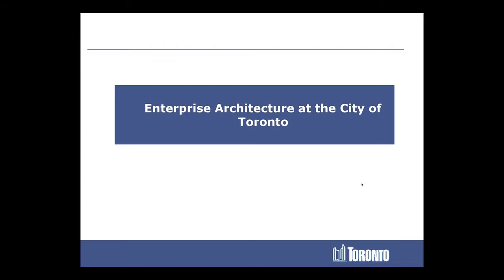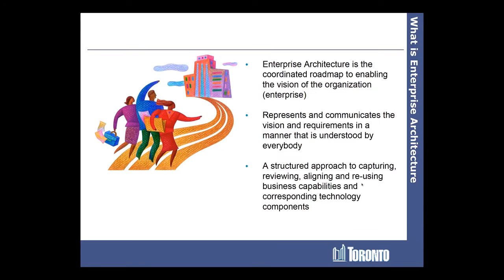So the first section is the enterprise architecture at the City of Toronto. We have three main goals here at the city from an enterprise architecture perspective. They're fairly general, and I would say that they are pretty common across EA groups. The first one is to realize a roadmap to enable the vision of the organization. It's a high-level statement, but it really is to come up with a common, coordinated vision for the organization.